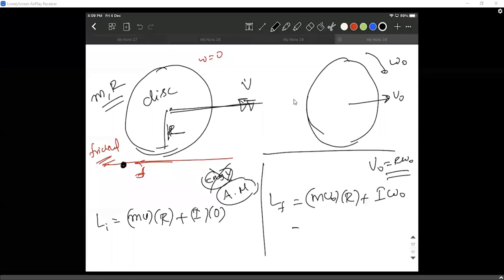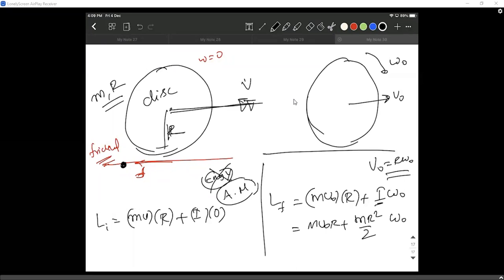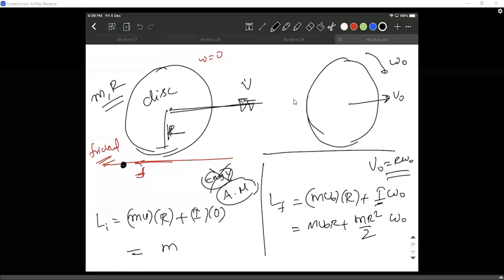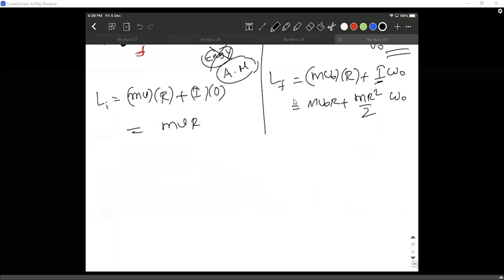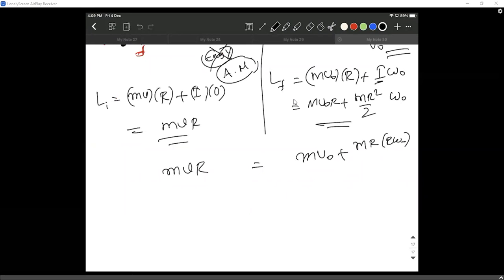Let's substitute the values. M v naught r, I is nothing but mr square by 2 omega naught, and on this side it is nothing but mvr. That's all. So mvr equals mv naught r plus mr into r omega naught by 2.